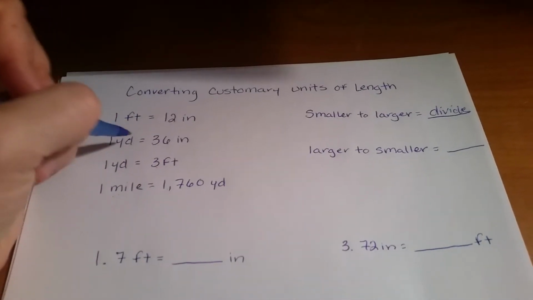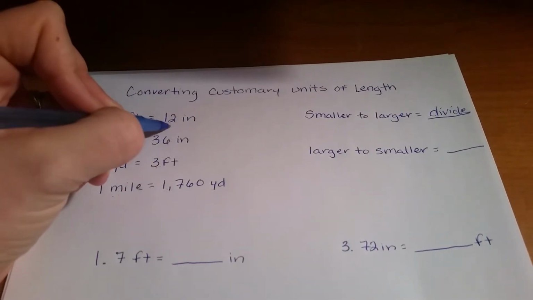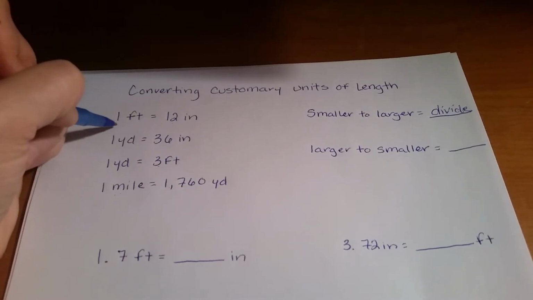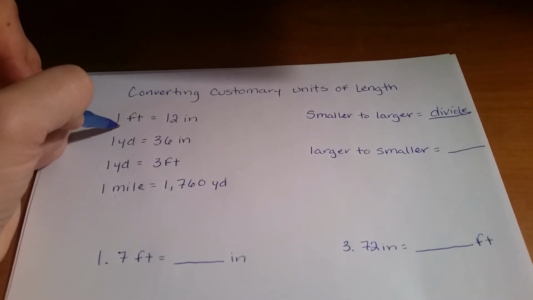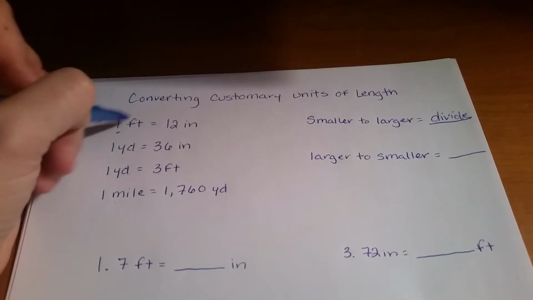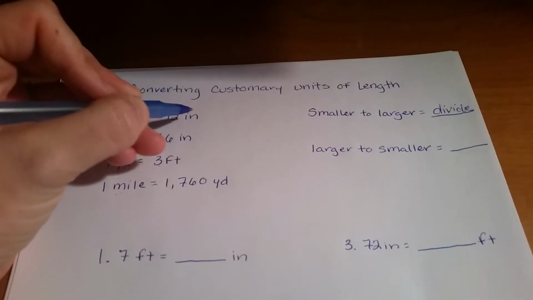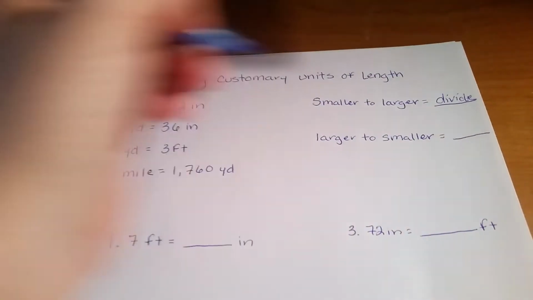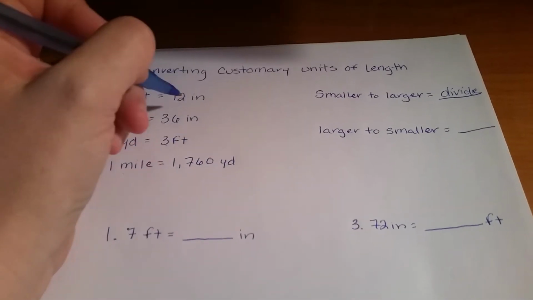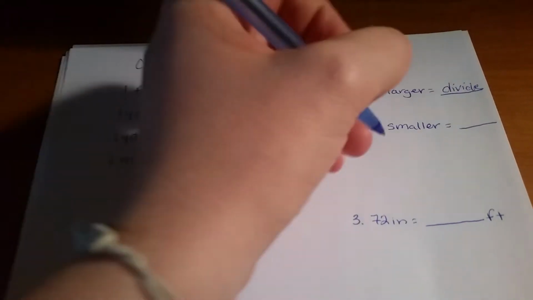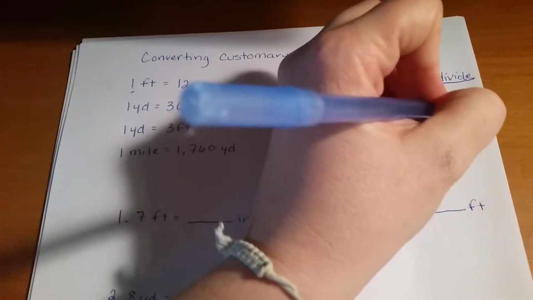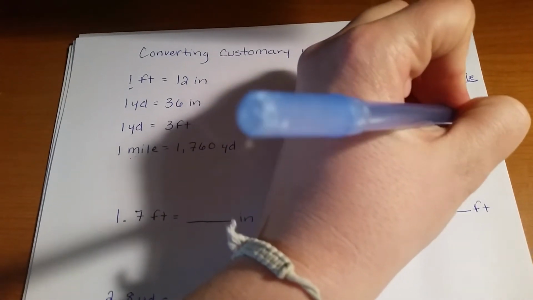Then if I go from a larger unit of measurement to a smaller unit of measurement, I go from a smaller number of a big size to a larger number of a small size. So I'm going from not a lot to a lot of little pieces. So I'm going to multiply.